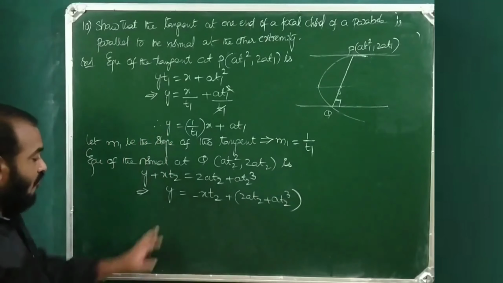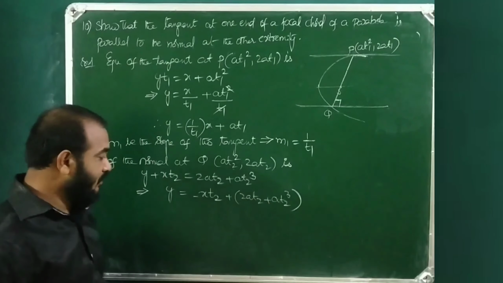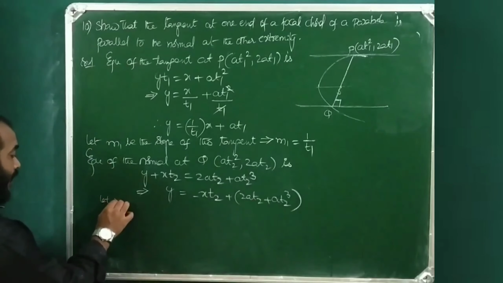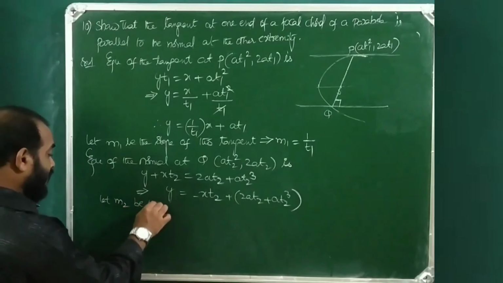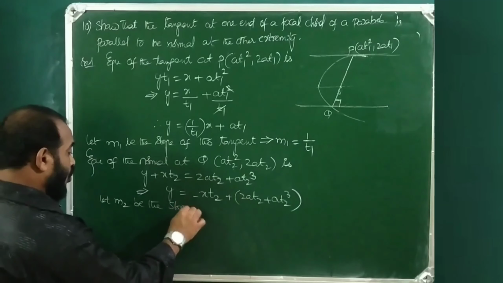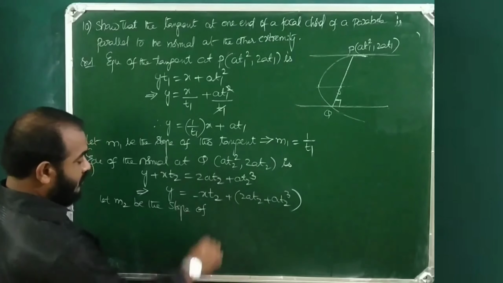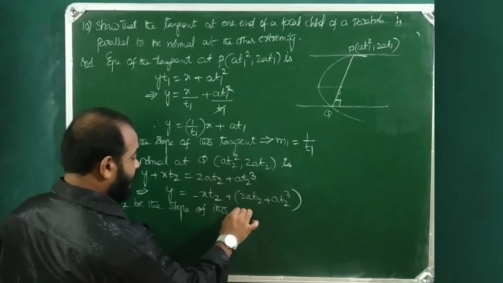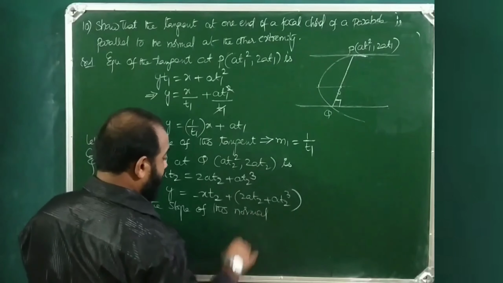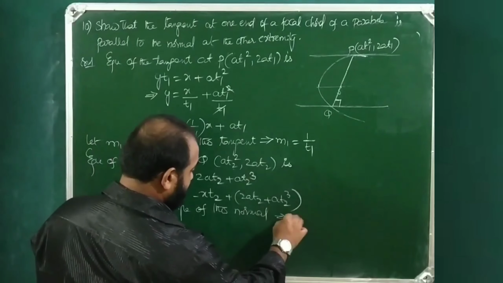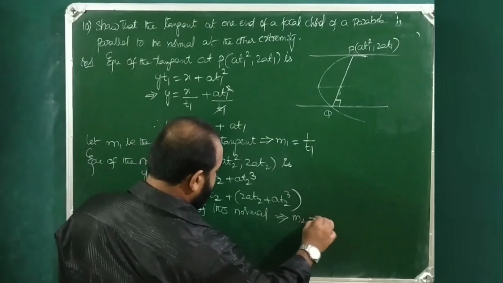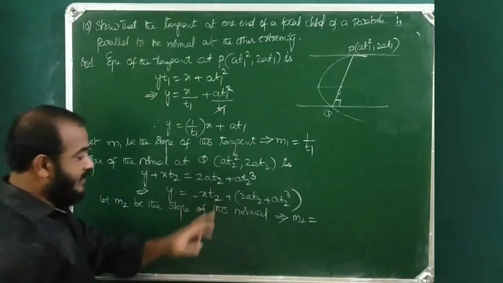So this is of the form y = mx + c. Let m2 be the slope of this normal, which implies m2 = minus t2.